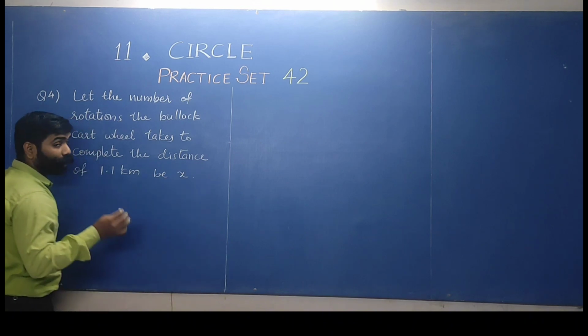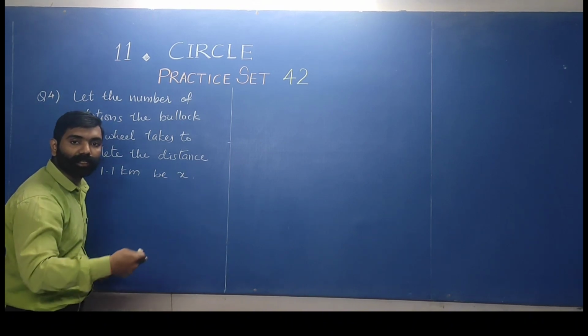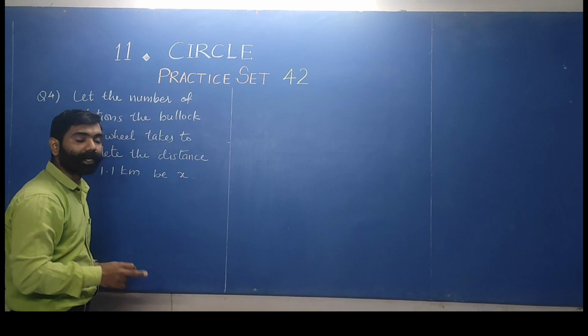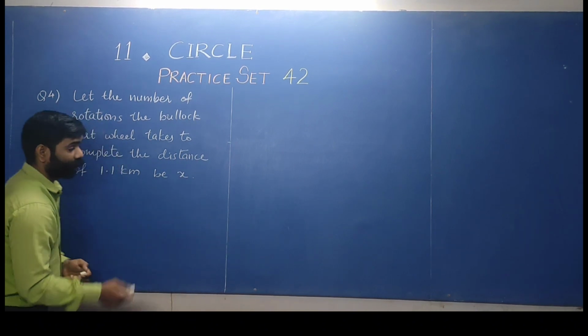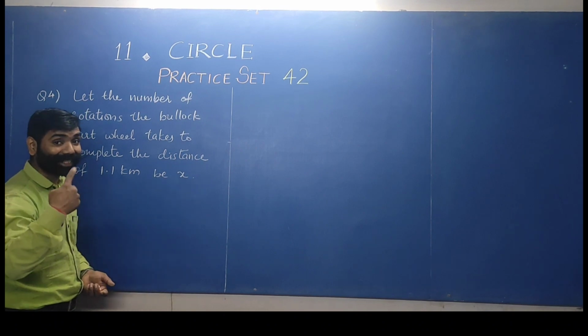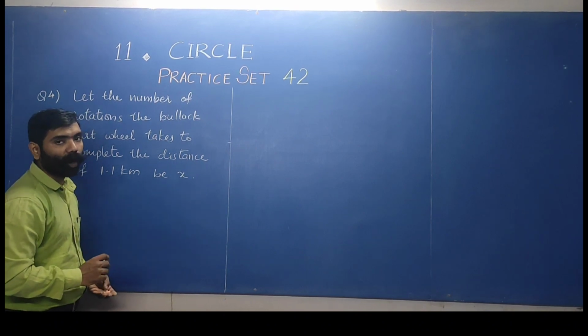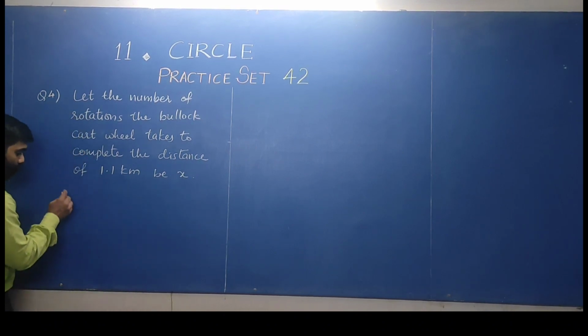We don't know how many rotations the bullock cart is taking to complete a distance of 1.1 kilometer. So what we need to find now is the number of rotations it has taken to complete 1.1 kilometer.